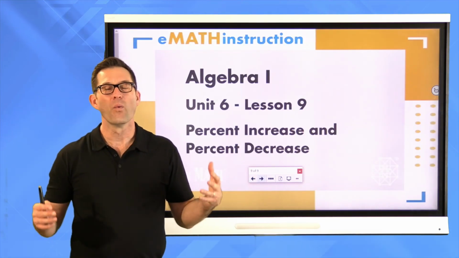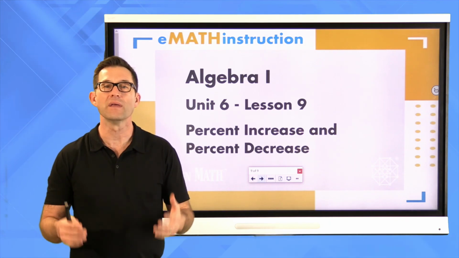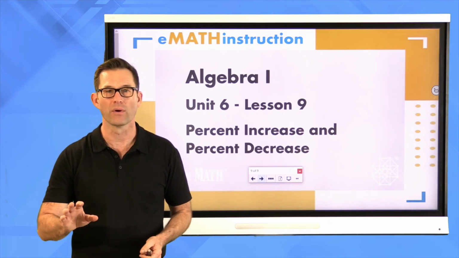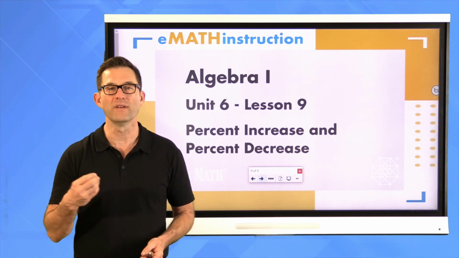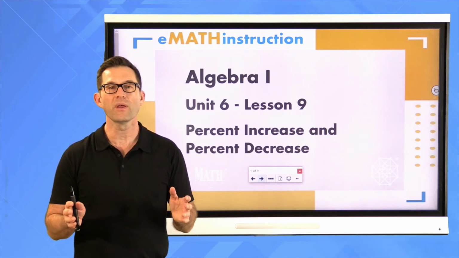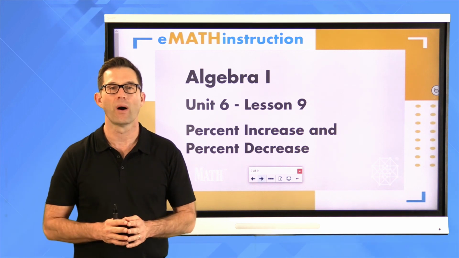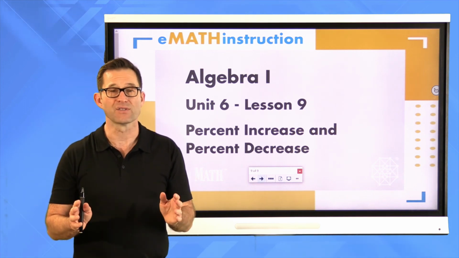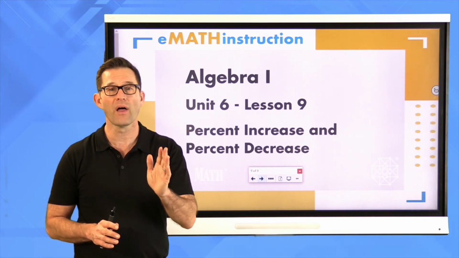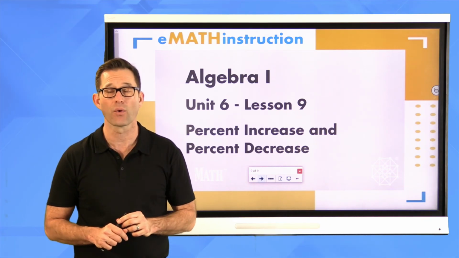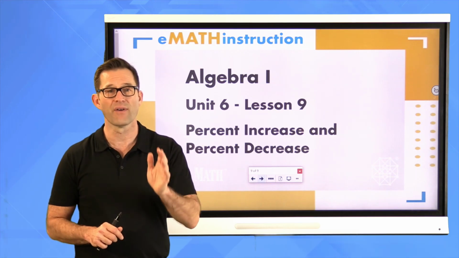What we talked about today is critically important for what we do in the next lesson: how we can increase or decrease a quantity simply with one multiplication problem. In every case of increasing, we multiply by 1 plus the decimal version of the percent, or 1 plus the percent divided by 100.